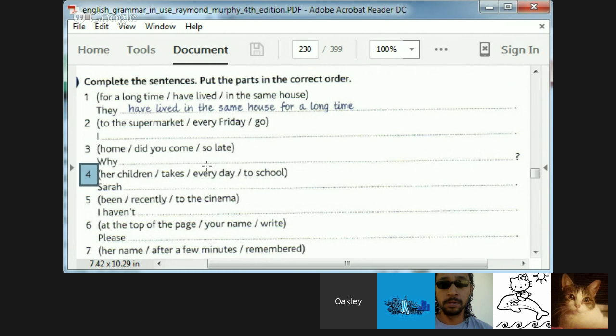Yeah, there's no other way. Again, with the sentences, we're really locked into a sentence construction. I was just trying to think, is there any other way to put number 3 together? Why so late did you come home? Why home did you come so late? No. I can't think of another way to do it. So pretty locked in there with those questions.